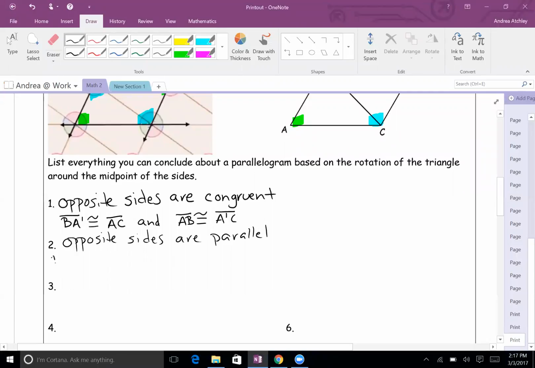That means that BA prime is parallel to AC, and AB is parallel to A prime C.